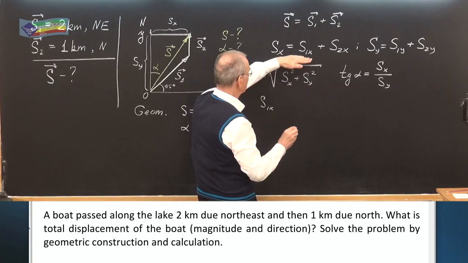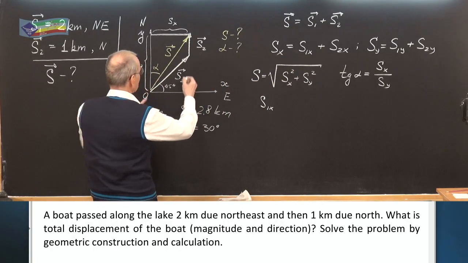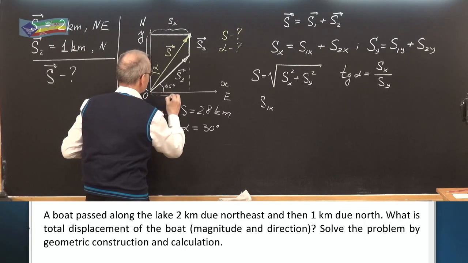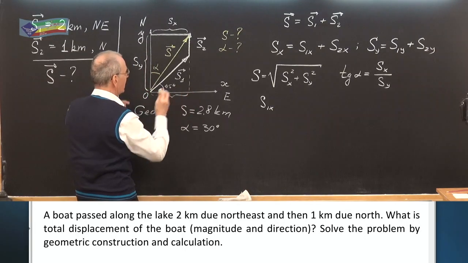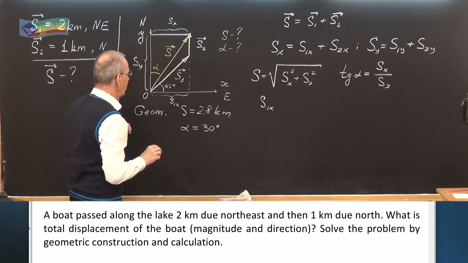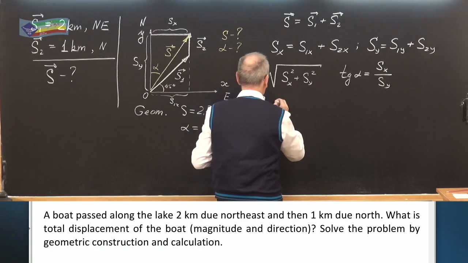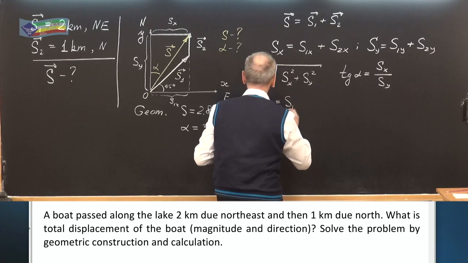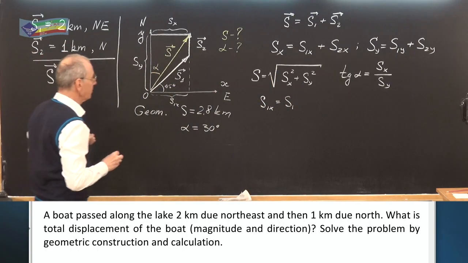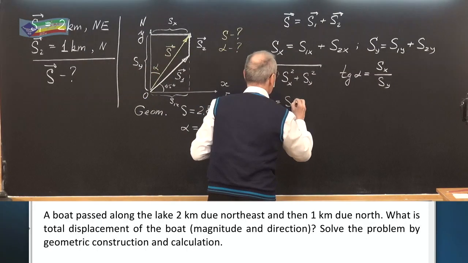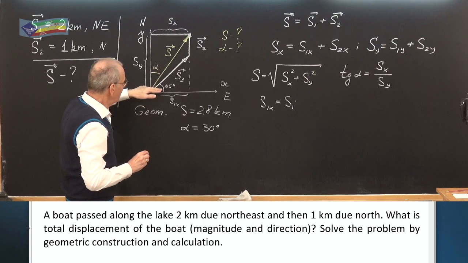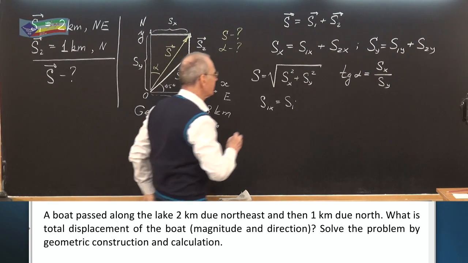S1x is this segment, and we can write S1x equals S1 magnitude, 2 kilometers, times cosine of 45 degrees.